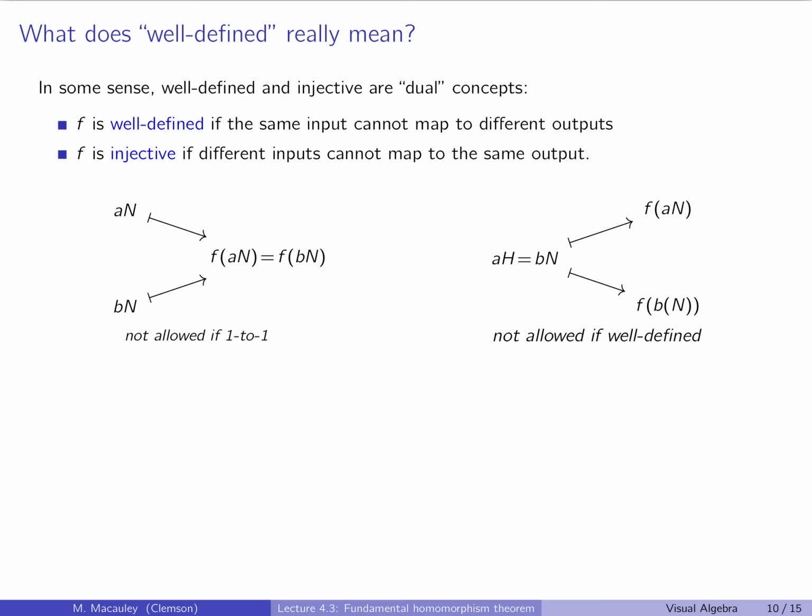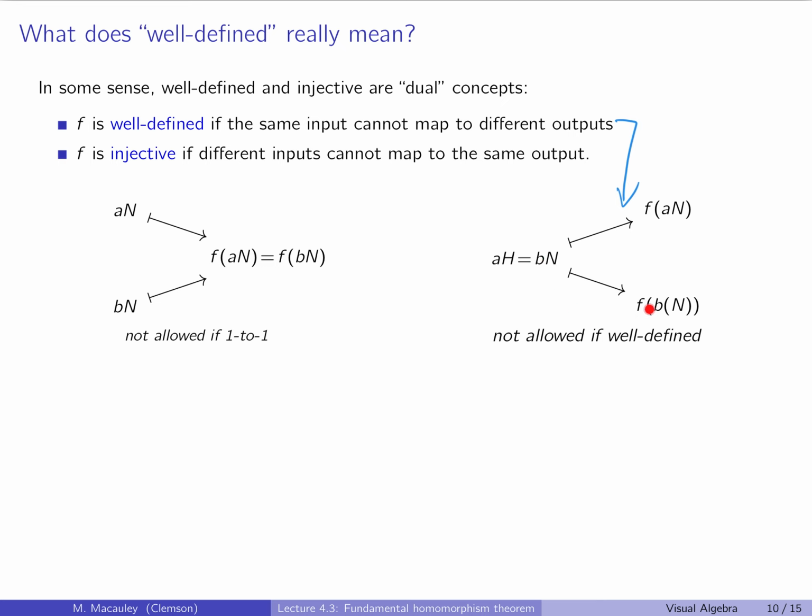In some sense, well defined and injective are dual concepts. In particular, if f is well defined, then the same input cannot map to different outputs. And that's given by this picture right here. So if we have two different names for the same element, then of course, if this is a function, they can't get mapped to different things.